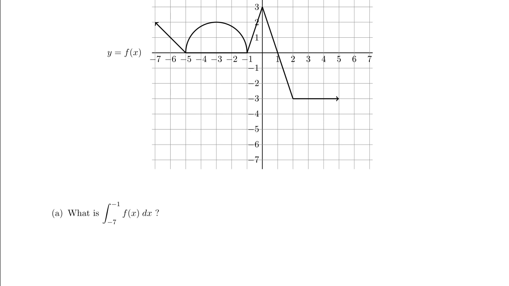If I were to shade that in, it would be this area here and this area here. And so what we see is that our area is actually two nice shapes, right? It's a triangle and a semicircle. So we can break this into two shapes.